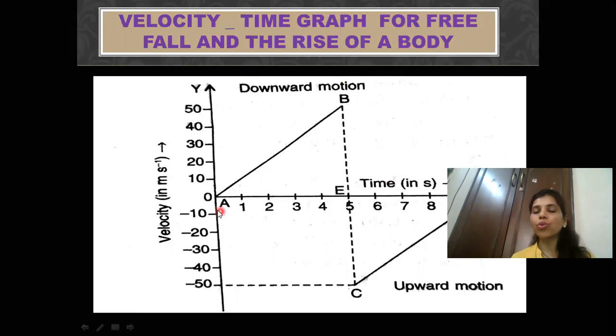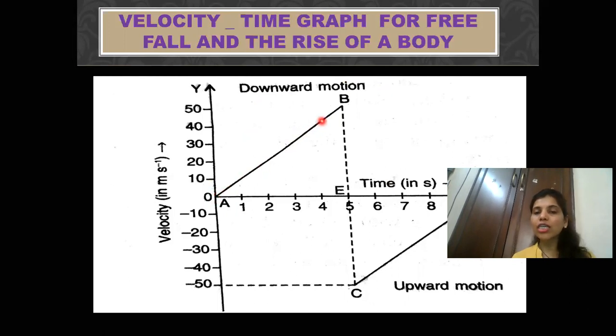So suppose you throw the ball and it bounces back after reaching the ground. It's going to show over here the downward position, where the body was initially thrown. When it was thrown, it had zero velocity, but after that, because it is traveling downward, in the direction of gravity, its velocity is increasing.